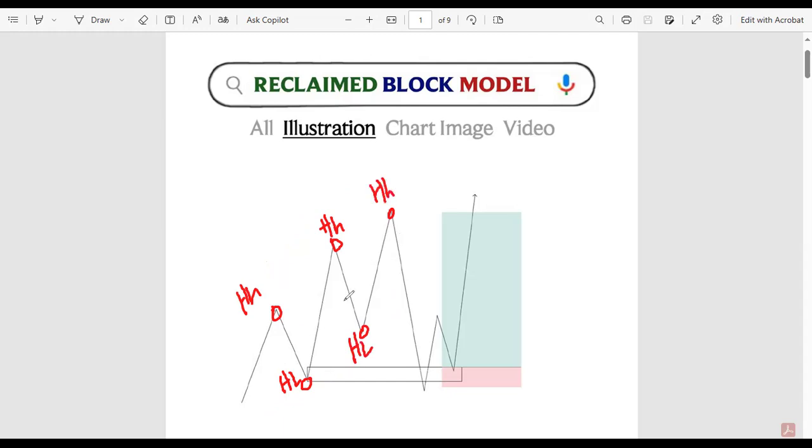At any time where we were forming a new higher high, there was a break of the previous higher high, and this is what we call the break of structure. So there was a break of structure which created a new higher high, and after the formation of a higher high, remember price tends to create buyers and sellers in the market.